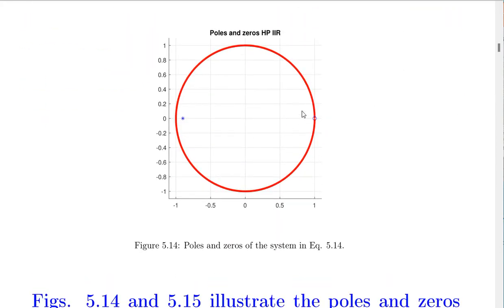Here you see the zero has moved to z equals 1, right hand side, 0 degree, and the pole has moved to the left half part. Okay?